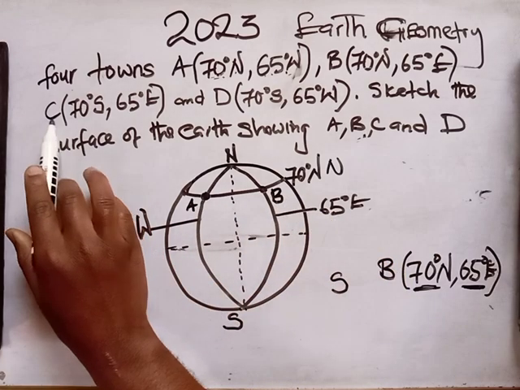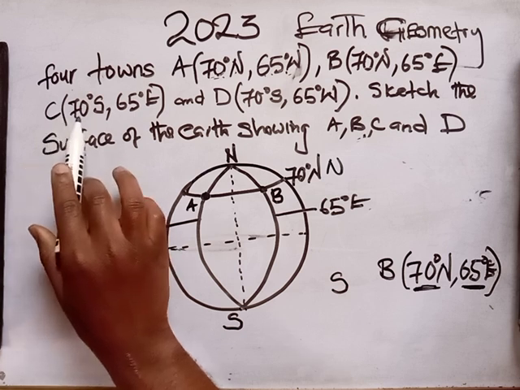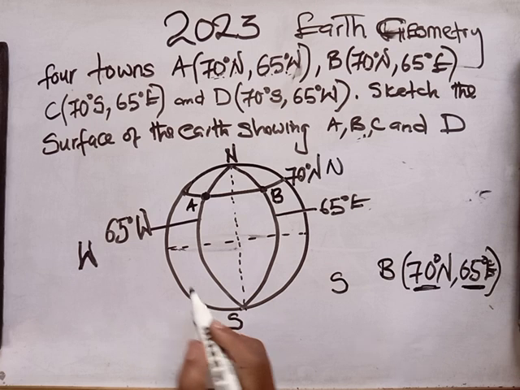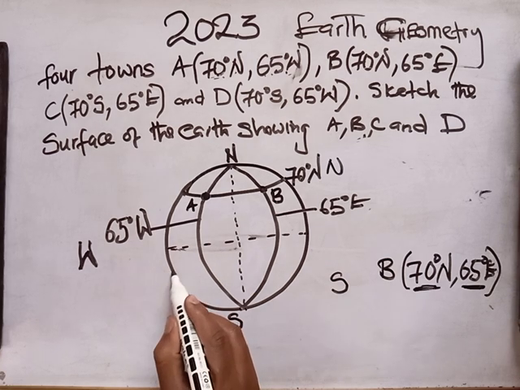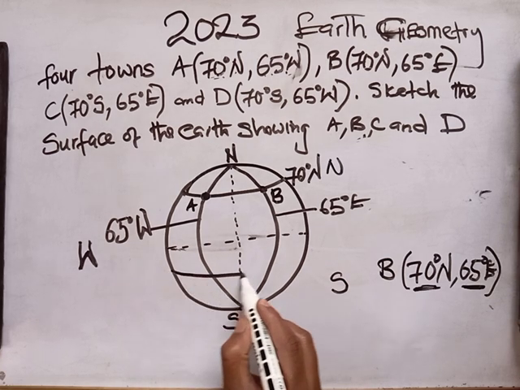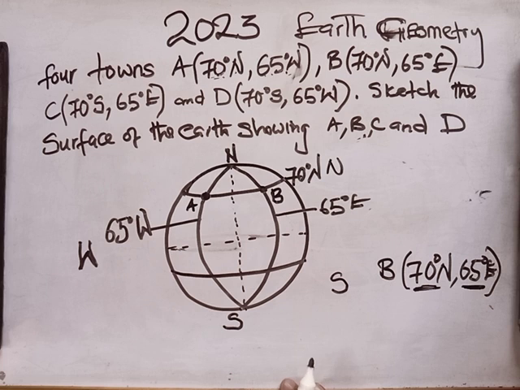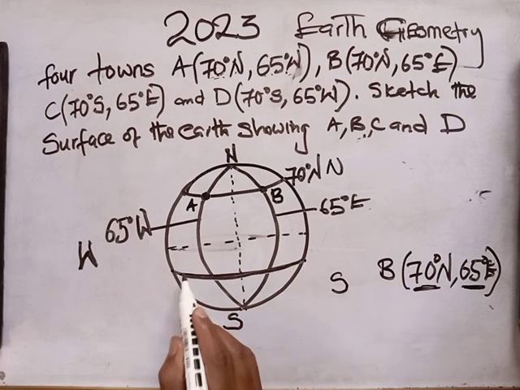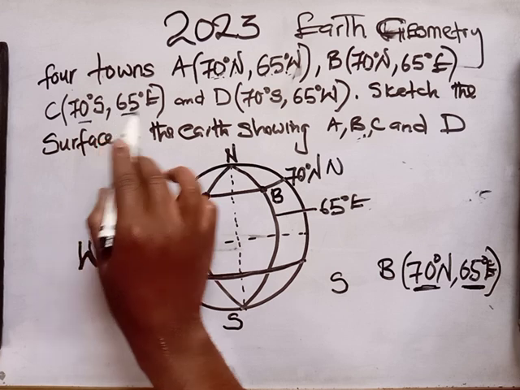And then we come down here. C is 70 degrees south and 65 degrees east. South is below the equator, meaning 70 degrees south will be down here. So this is the latitude, this is the longitude.